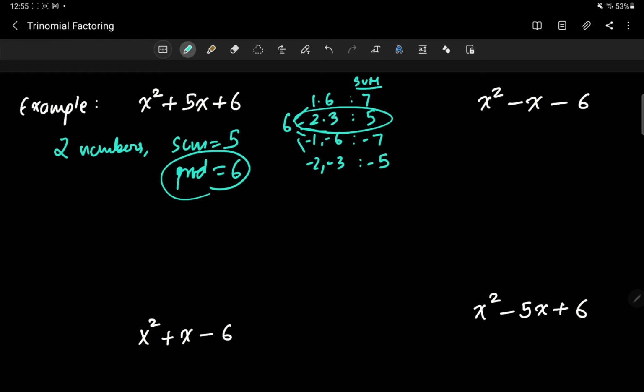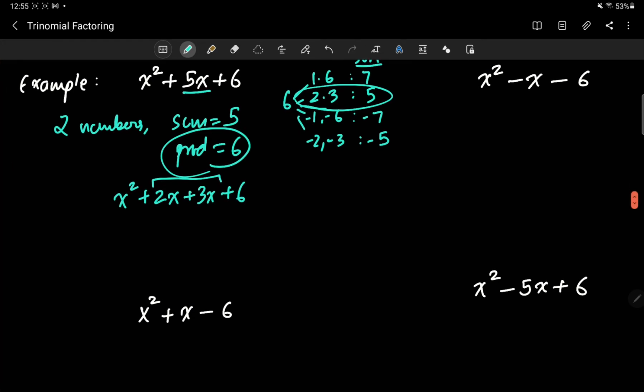Now these numbers 2 and 3, we use to split the middle term, rewriting 5 as 2 plus 3. From here on, it's the method we learned before, using the greatest common factor. If you've chosen your numbers correctly, these always factor to give x plus 2 times x plus 3.